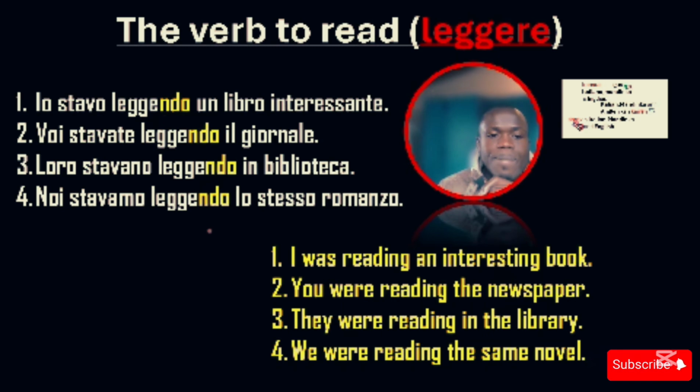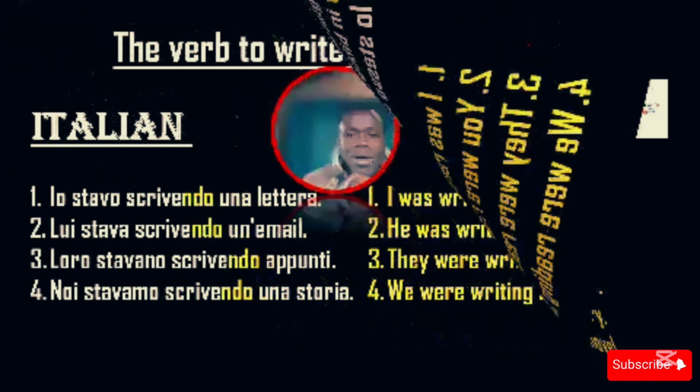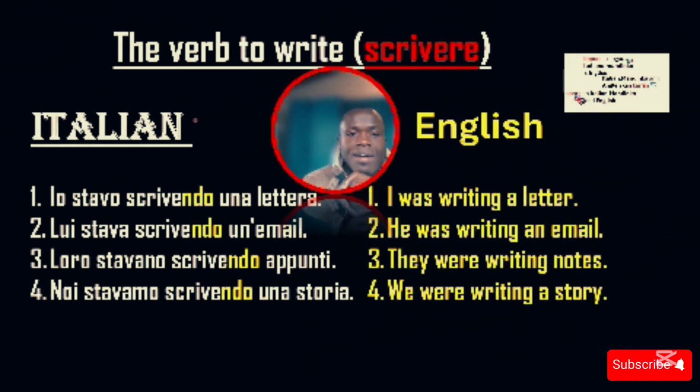Another example from another slide is the verb to write, which means scrivere. Here we have Italian, and over here we have English. For example, as a form of the simple past continuous tense, we have the first one, io stavo scrivendo una lettera.